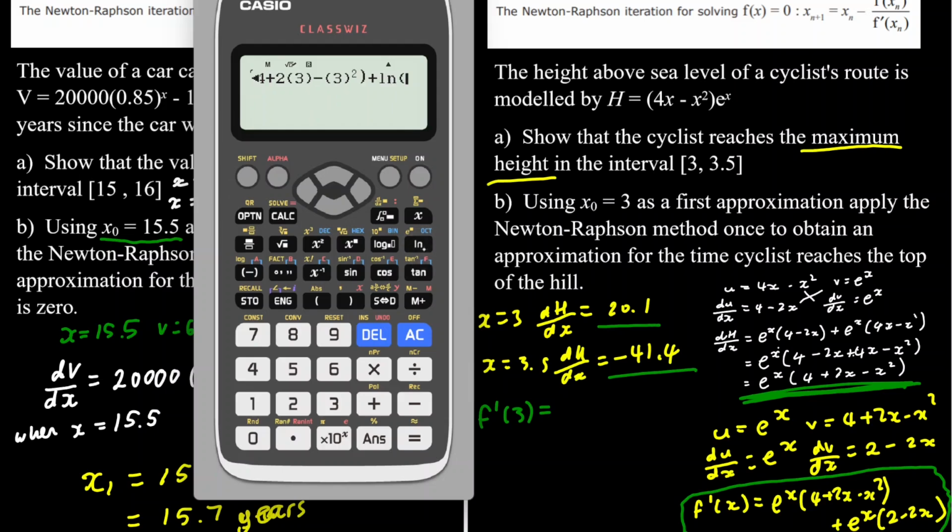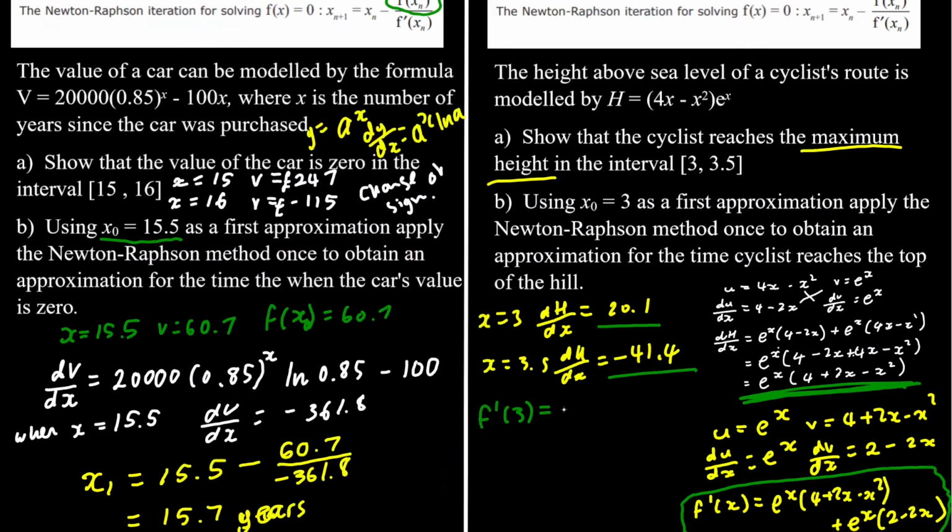We could have made this simpler by factorizing out the e. And we get negative 60.3. So now we've got everything we need for our Newton-Raphson.